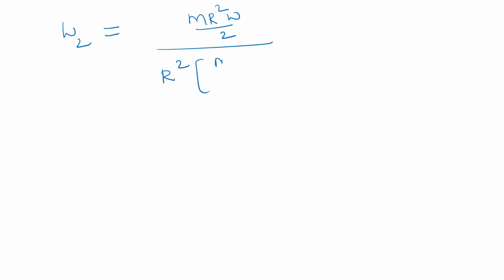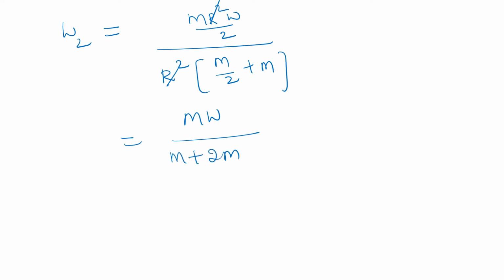Next, omega 2 is equals to m r square omega by 2 by, here we are taking common r square, remaining term is m by 2 plus m. So that is equals to, here r square gets cancelled, and then m omega by m plus 2m.